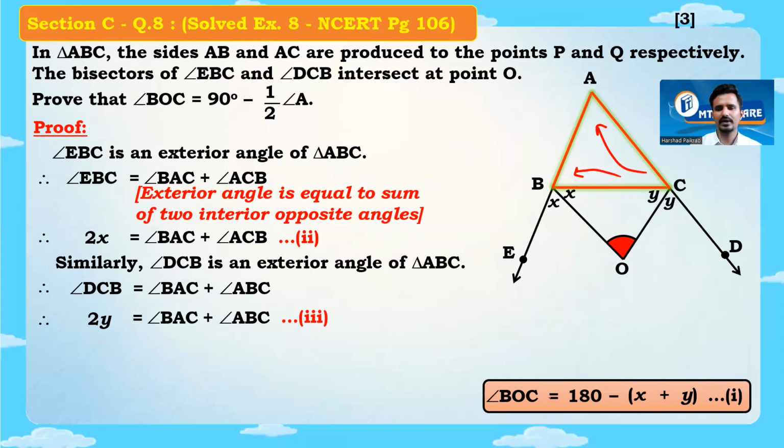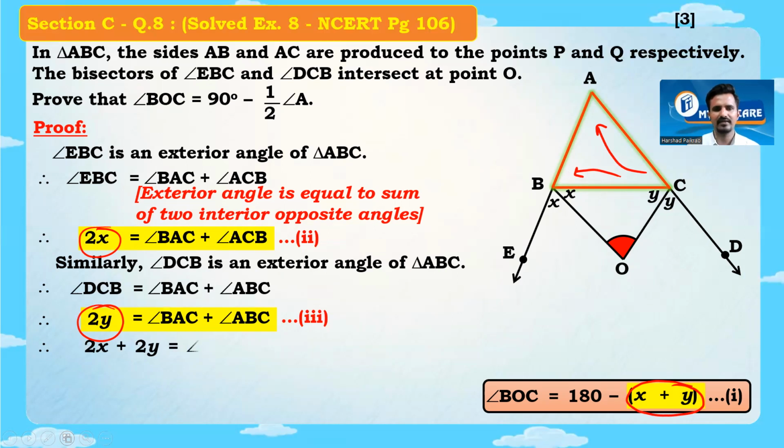In our equation number 1, we had angle BOC equal to 180 minus (x plus y). So we should find what x plus y is with the help of equations 2 and 3. And to get x plus y, we must add these two equations. That will give us 2x plus 2y. When we add them, we add the left hand sides first. So we get 2x plus 2y is equal to the addition of right hand sides.